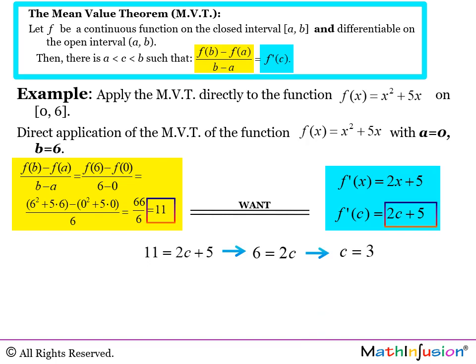And we get that c equals 3. This is not enough. We have to check that this value is between 0 and 6. Of course it is. So we conclude that (f of 6 minus f of 0) over (6 minus 0) equals f prime of 3, and 3 is obviously between 0 and 6.